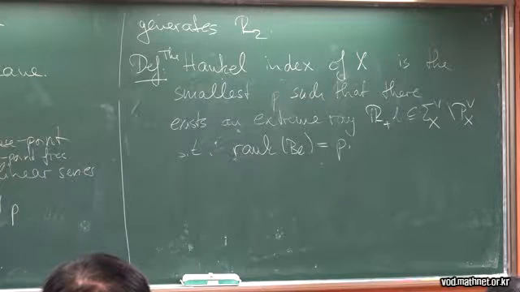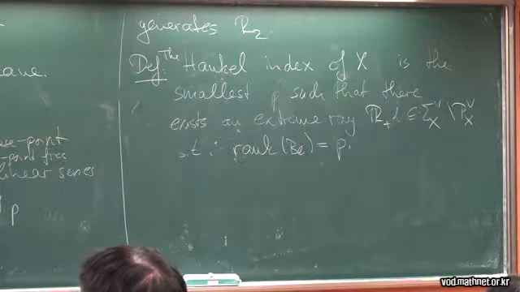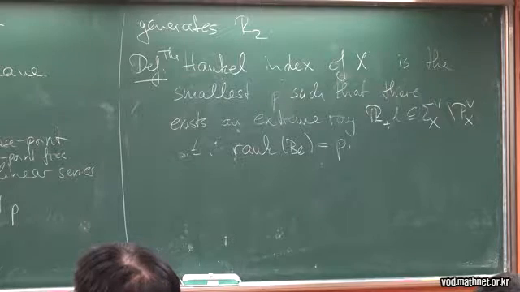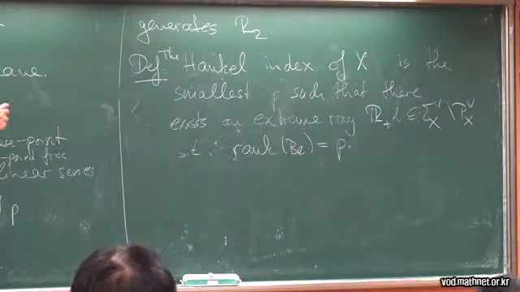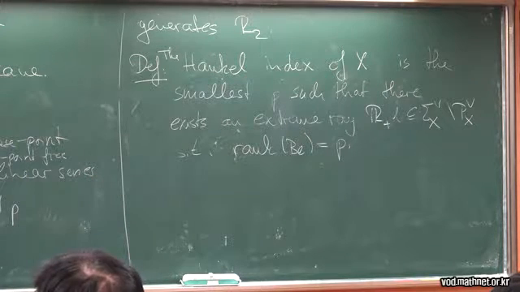That's what we would like to be true. So if you pick a p such that you know that there exists a base point free linear series of codimension p that does not generate everything, then we would like there to be an extreme ray. It's sort of the idea.